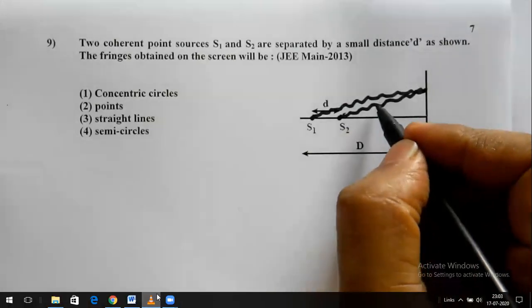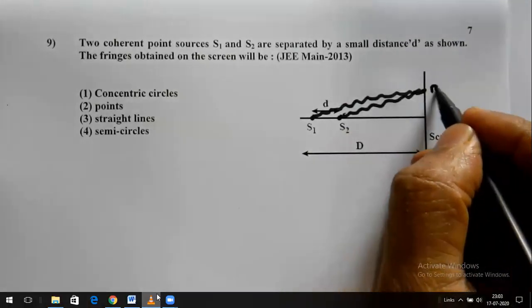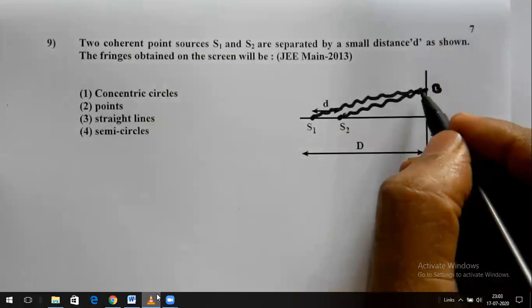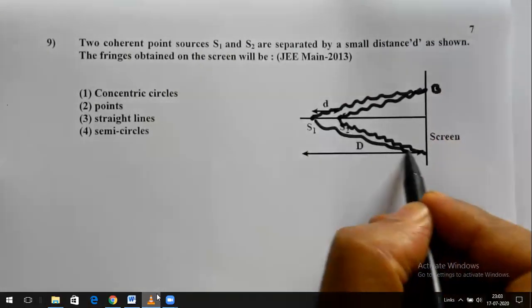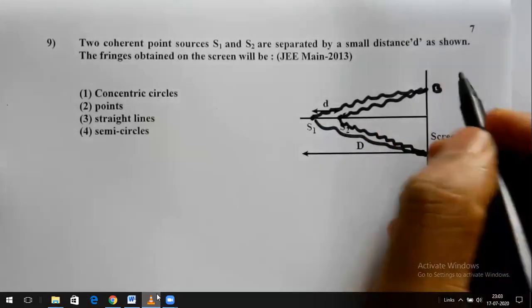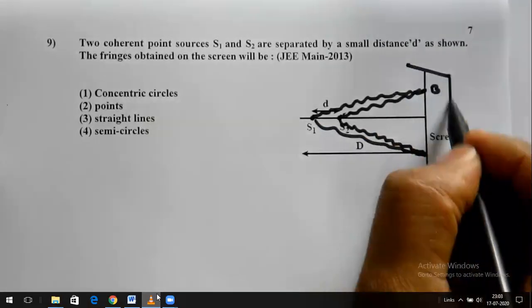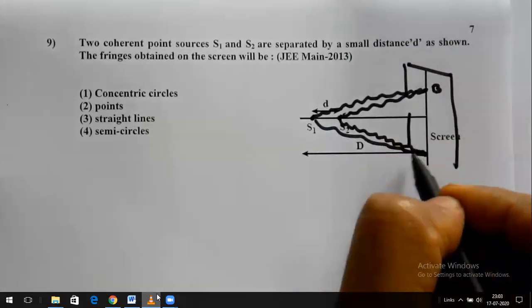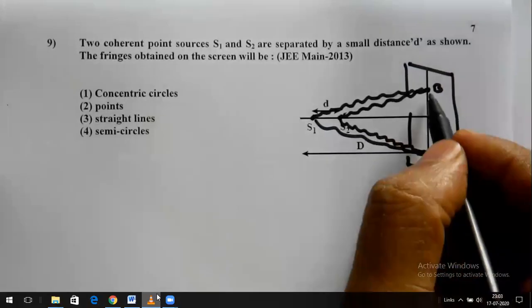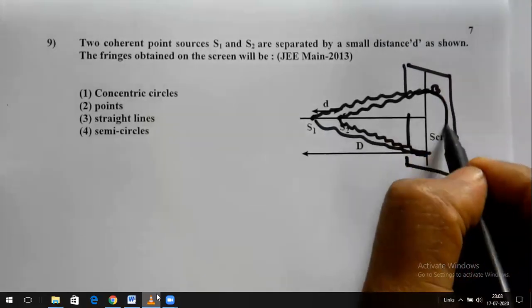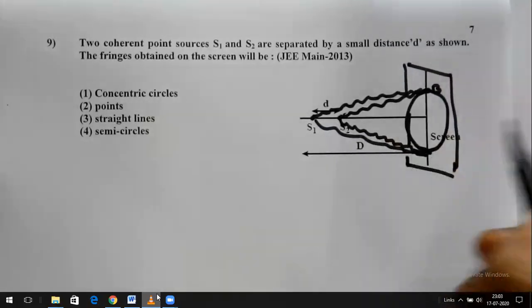And say this path difference produces a bright fringe here. The same condition will be obtained here also, here and here. And if you imagine this screen to be a two-dimensional plane like this, then you can guess the same type of path difference and same type of intensity will be formed on a circular pattern like this.